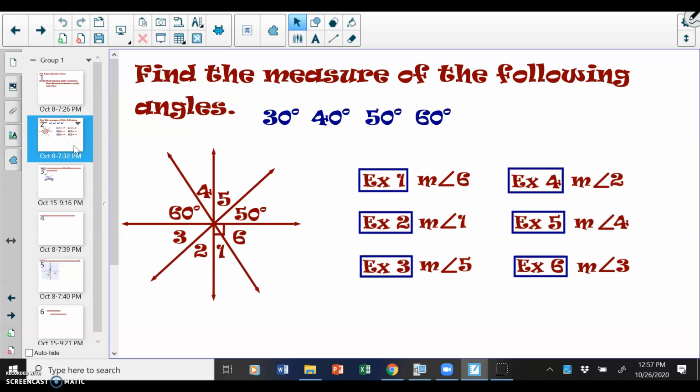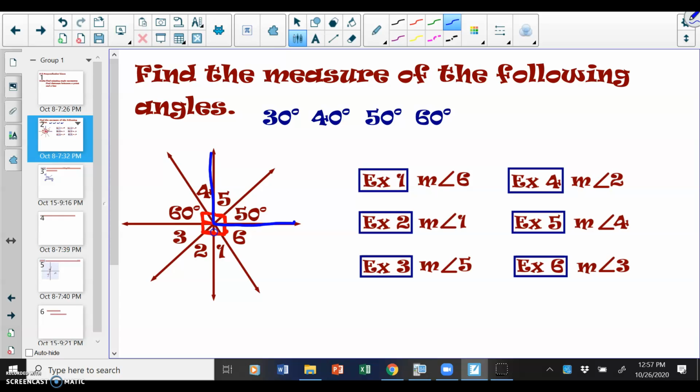So we want to find the measure of the following angles, and one nice thing is, if this is 90 degrees right here, that means this has got to be 90 degrees, and this has got to be 90 degrees, and this has got to be 90 degrees. So that actually works out pretty well, and we can just fill in our missing information.